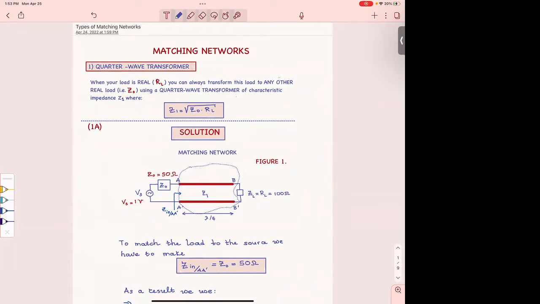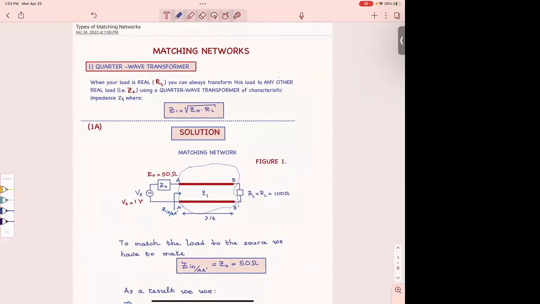What are the cases where you cannot use it, even if it's a real load to a real impedance? If for some reason I have introduced additional restrictions. One could be that you have to have a characteristic impedance of some particular value that does not agree with the square root of your load times the internal impedance of your source.